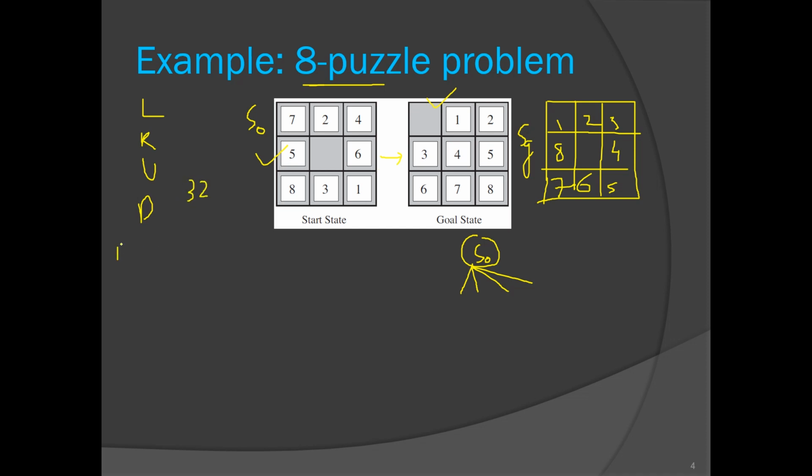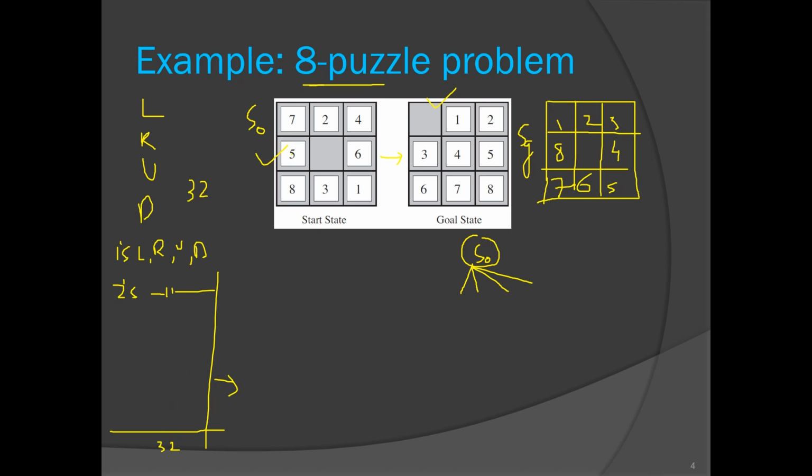For the first tile I have left, right, up and down. For the second tile I have again the same thing. So in total I have 32 actions. Now can I reduce this number of actions from 32?